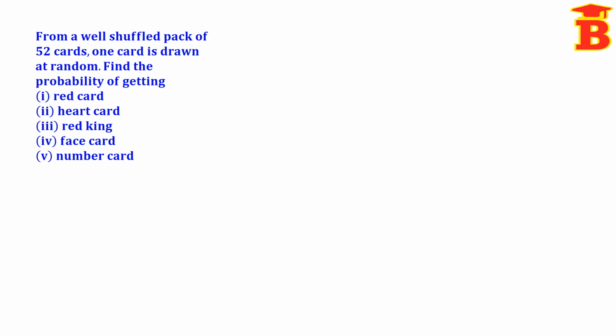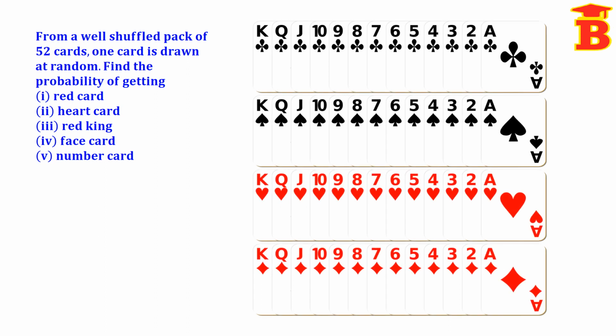From a well shuffled pack of 52 cards, one card is drawn at random. Find the probability of getting red card, heart card, red king, face card, number card. If we know the basic concepts, the sums are very easy. Here first one, red card.